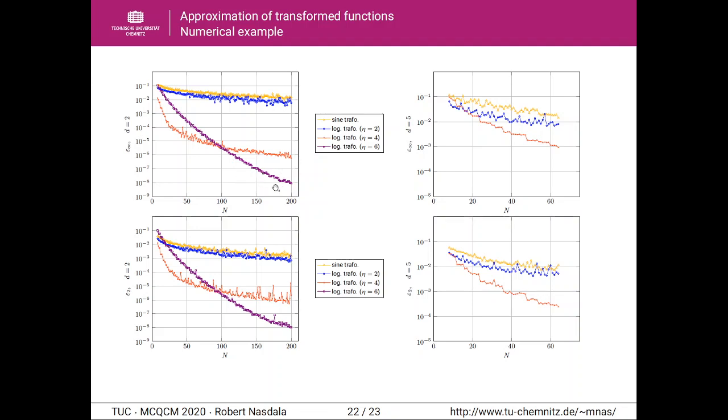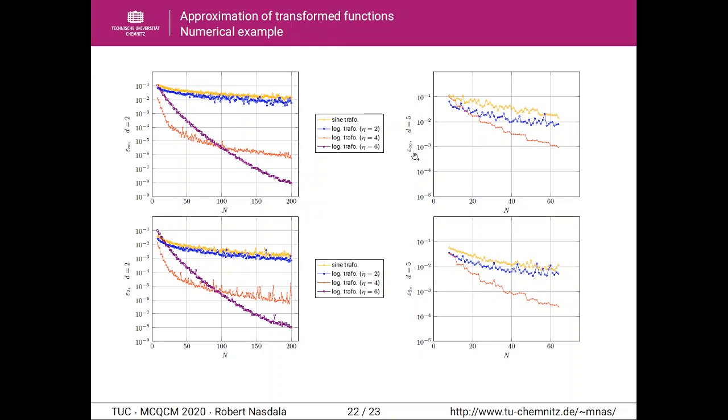For the L2 error, we have almost the same picture, where again sine and logarithmic transformation for eta equals 2 are the worst. Then for eta equals 4, it gets better, and for eta equals 6, it gets even better.